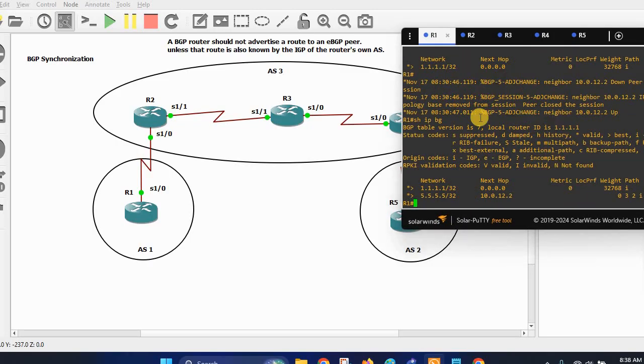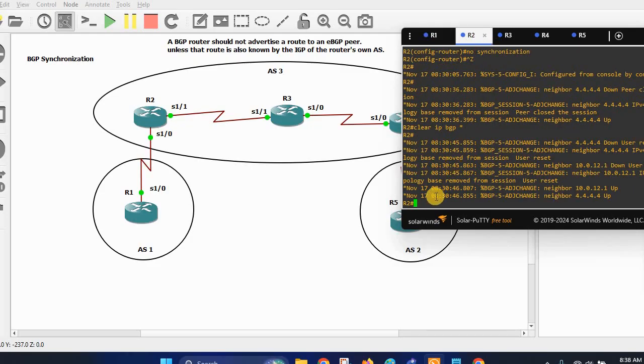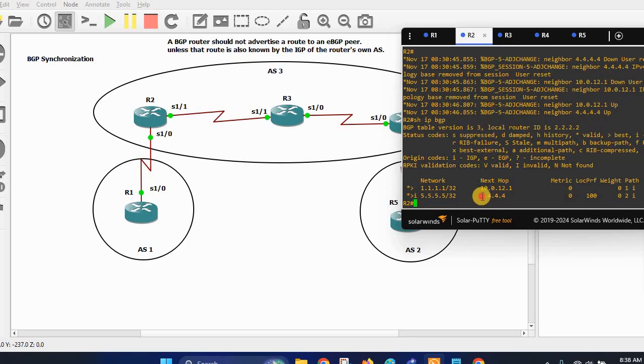If you see R1, show IP route, for the 5.5 network, the next hop is 1.2.2. Then when R2 receives the packet, show IP BGP shows the next hop is the 4.4 network, so it is sent to the 4.4 network.